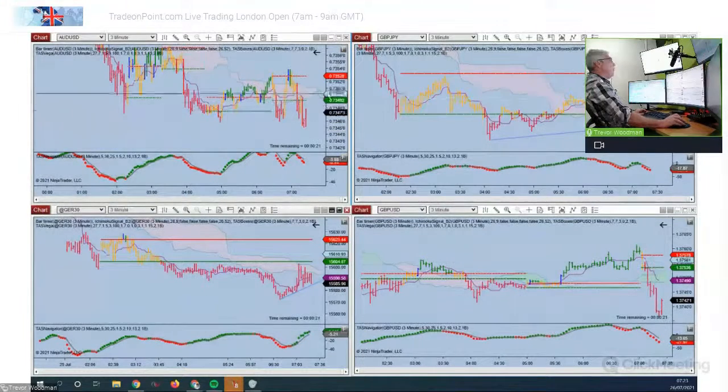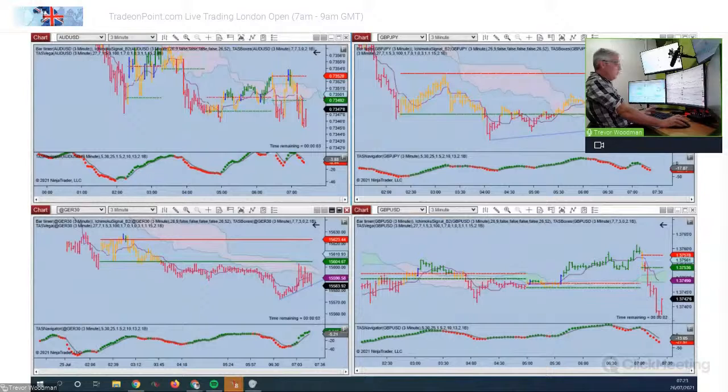We can see the Aussie as well. Now the Aussie dollar, I will expect in the 8-hour chart, we're still bearish. Aussie's had a significant sell-off recently. We have come off the lows. The lows are 72.92, and we are trading well above that.